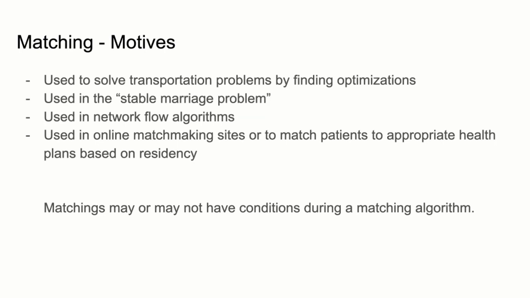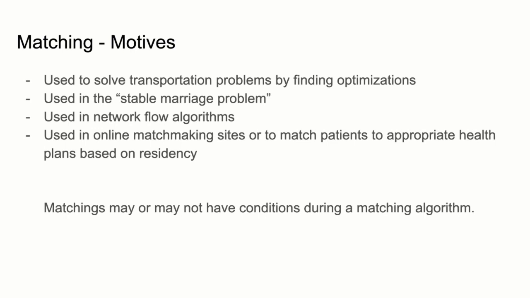So why would we use matching problems? Matching is used for more intuitive solutions. So for matchmaking websites that recommend matches, we use a matching algorithm. Sometimes there are more conditions to a match. A matching problem doesn't necessarily have to have the rule of just not sharing common vertices. There can also be some logic in when we make matching connections.